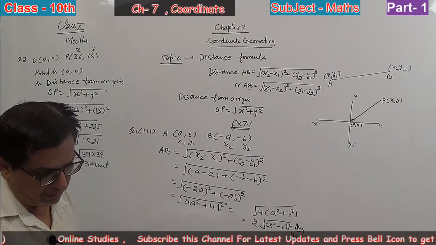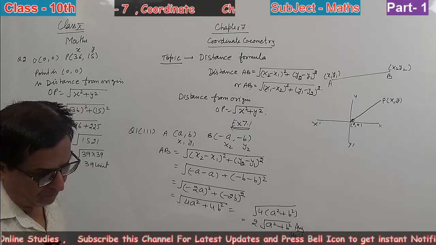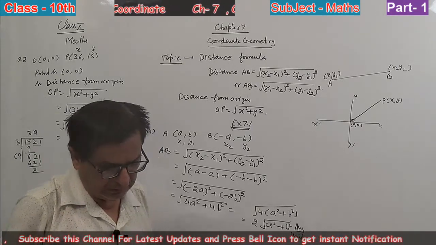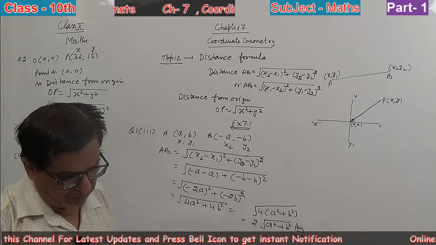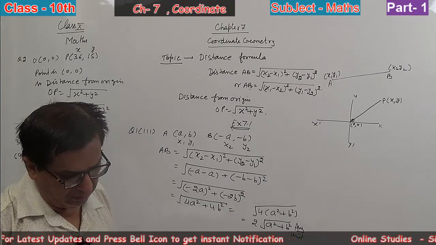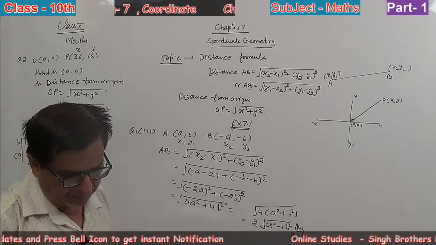See question number third. If the points 1, 5, 2, 3 and minus 3, minus 11 are collinear.